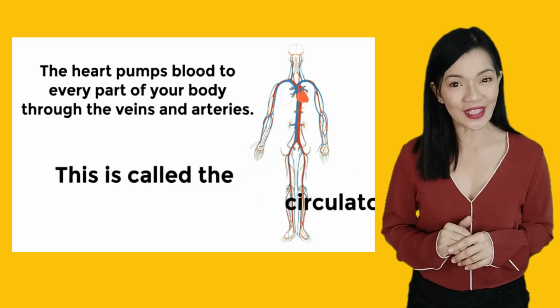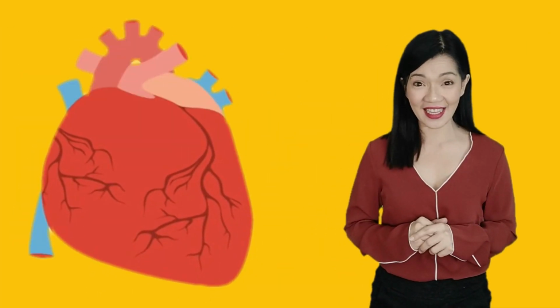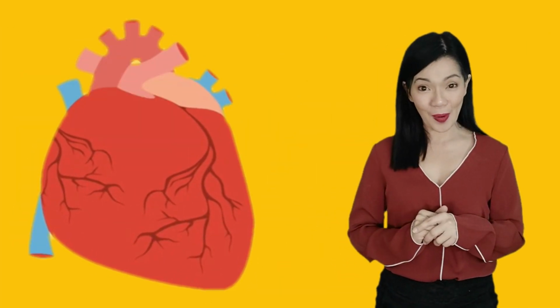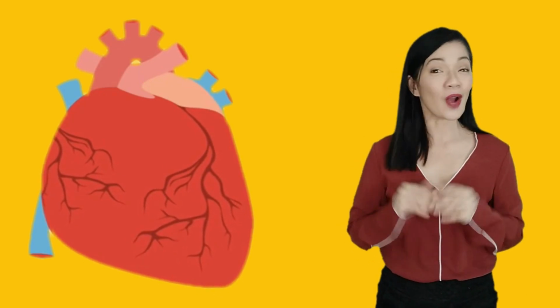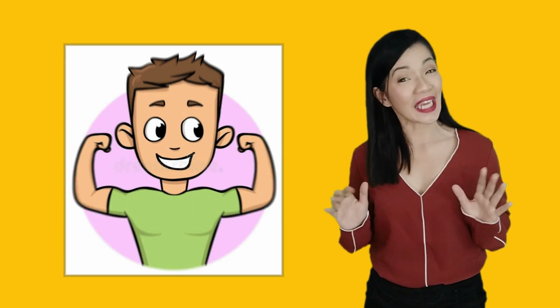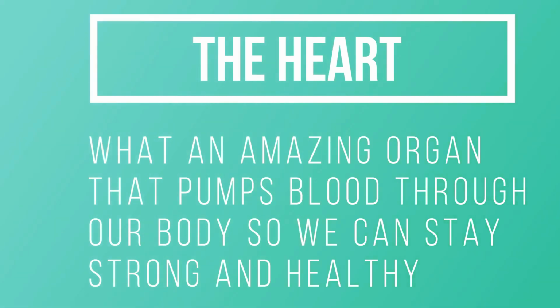This is called the circulatory system. Isn't it amazing? It enables your entire body to get the oxygen and the nutrients that our body needs so we can be healthy and strong. The heart. What an amazing organ that pumps blood through our body so we can stay strong and healthy.